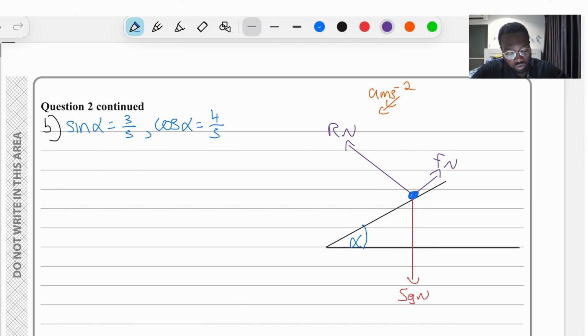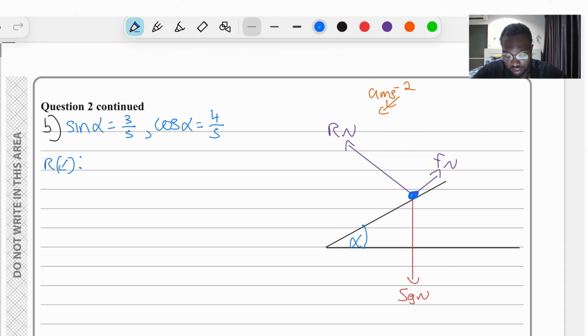Well, again, let's just resolve some forces. Let's start going down the plane. For this one, because we have acceleration, we have motion, this time it will be F equals ma. So resolving forces will equal ma.